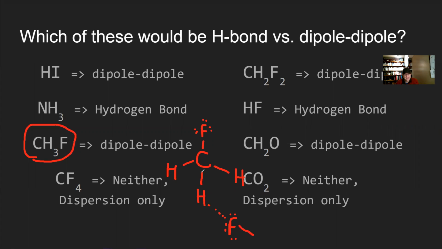Since this hydrogen is not attached to a fluorine, oxygen, or nitrogen, that would make this just a dipole-dipole attraction. It's still going to be a strong dipole-dipole attraction, but it will not be a hydrogen bond.